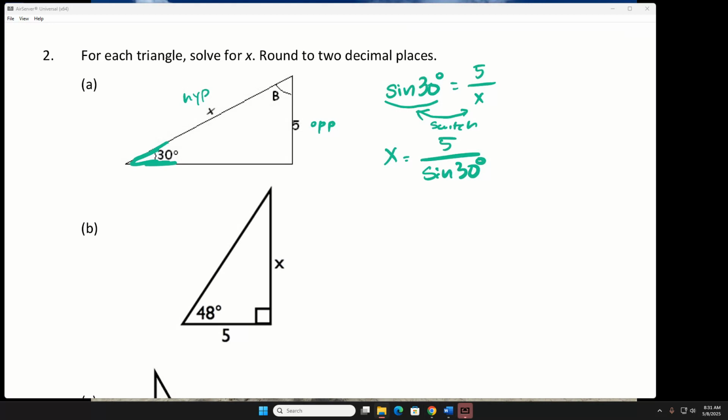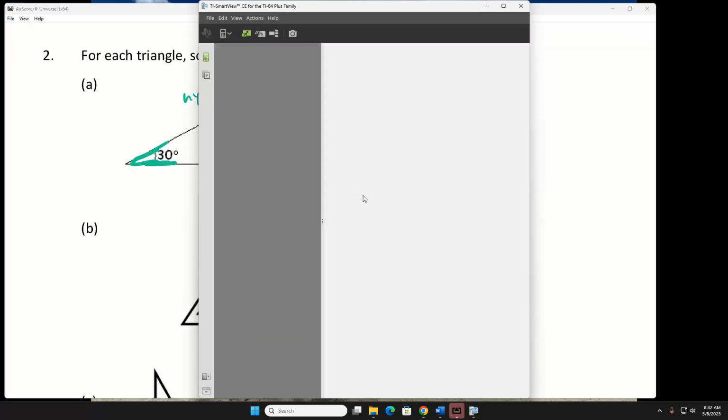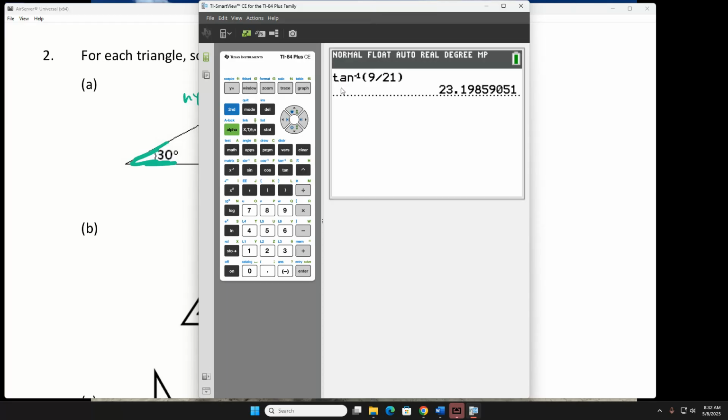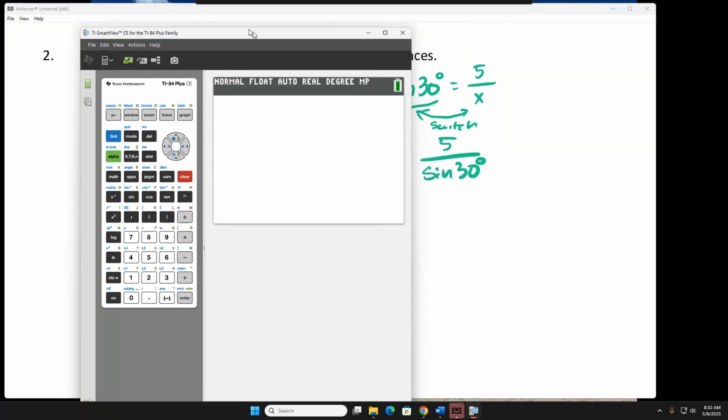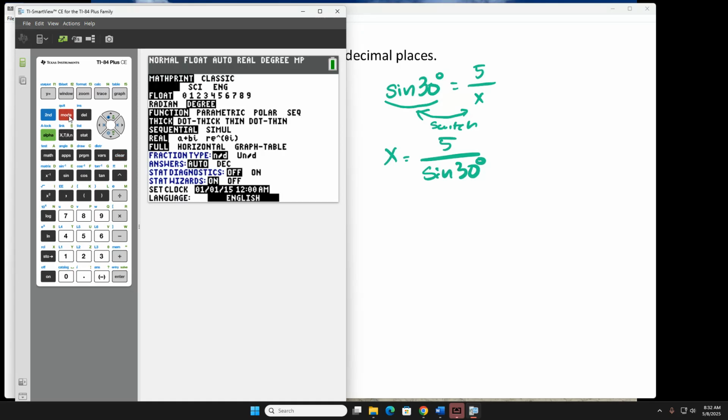I'm going to pull up a calculator real quick. It is important that your calculator is in degrees. Your quiz will be multiple choice, so hopefully you'll know if the choice isn't there, it's wrong.